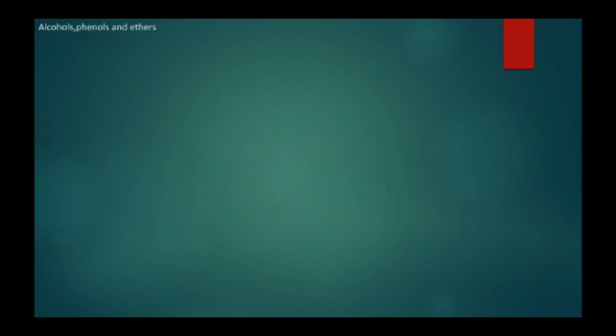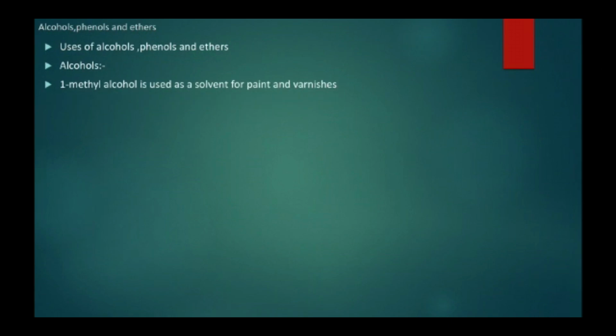Now next we discuss the uses of alcohols, phenols and ethers. This is the last topic of this chapter. First, alcohols. Methyl alcohol is used as a solvent for paint and varnishes. Ethyl alcohol is used as an antifreeze agent in automobile radiators.